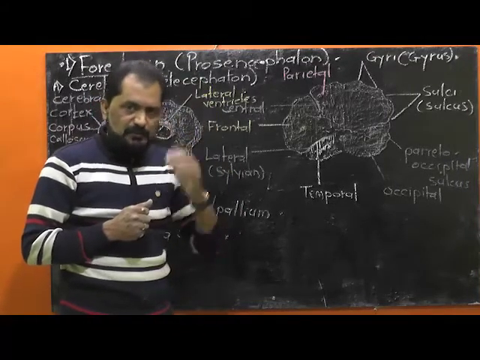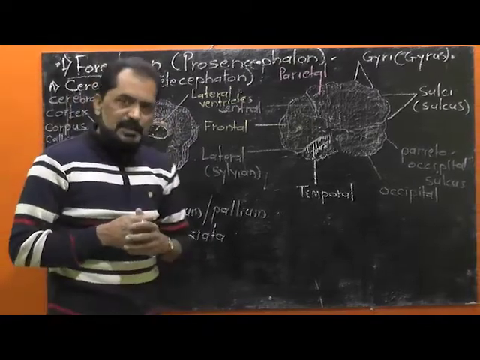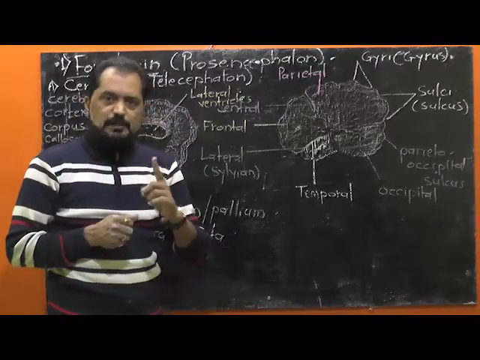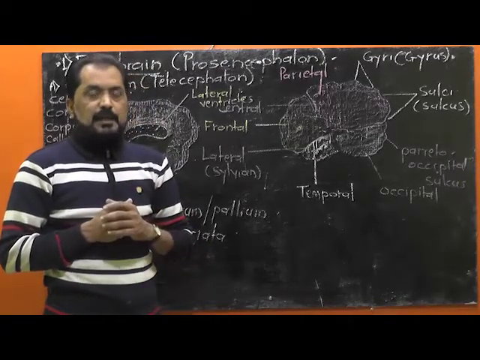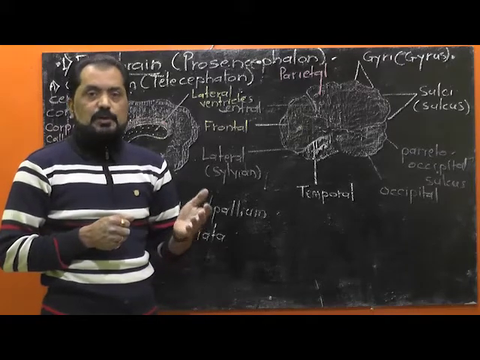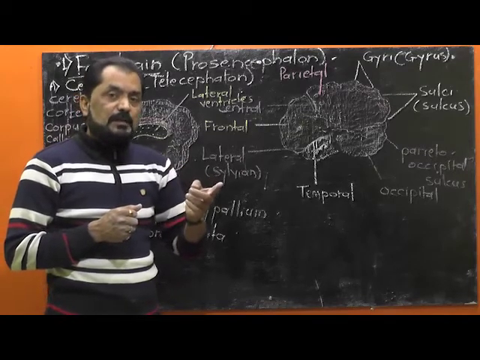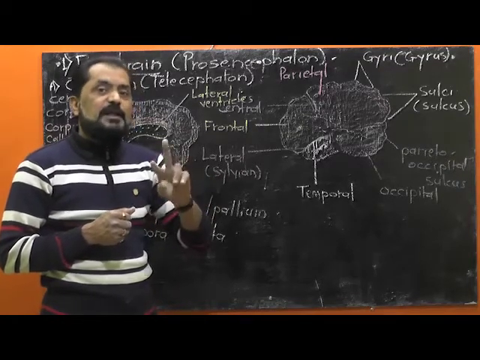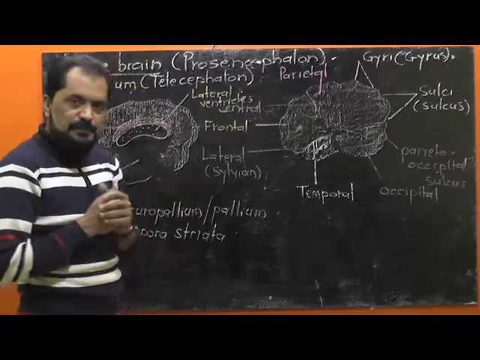Listen carefully. I said that the cerebrum or telencephalon is the largest part of the brain. It may be known as the greater brain. It contributes about 80 to 85% of total brain weight. Cerebrum is further divisible partially into two identical halves known as cerebral hemispheres.